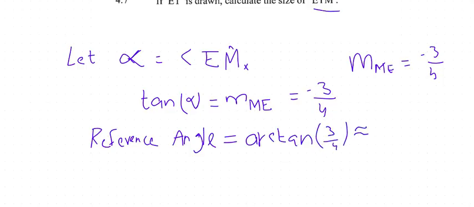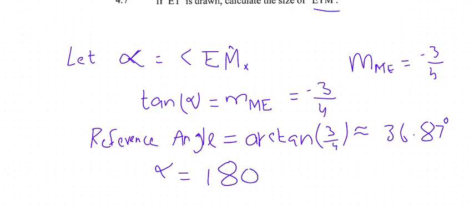Okay, so alpha equals 180 degrees minus 36.87, which equals 143.13 degrees. All right, so the angle of MT with the positive x-axis is 180 towards the left passing through D.